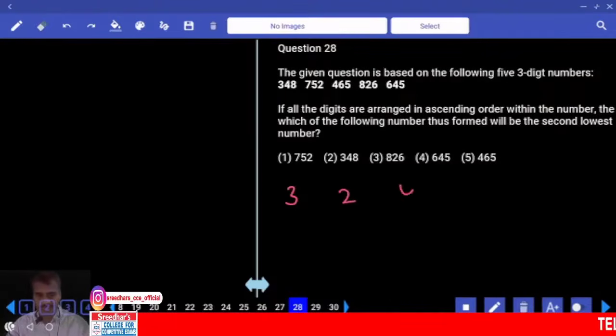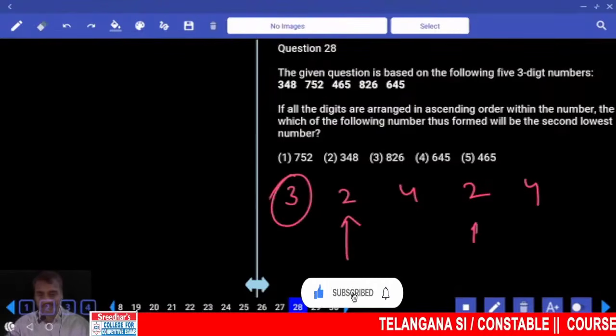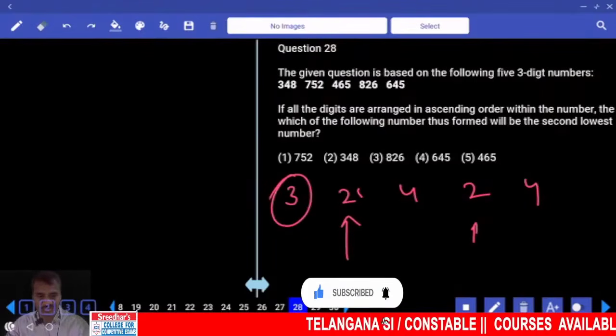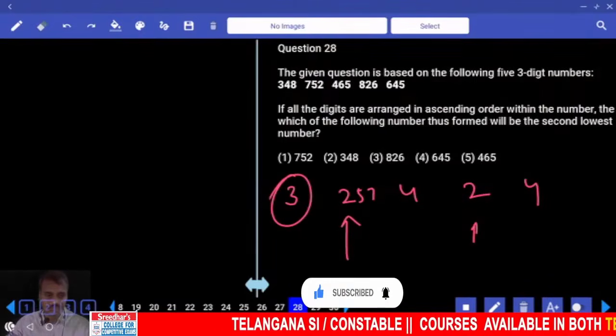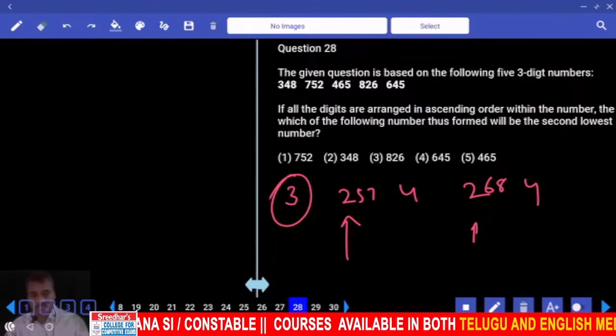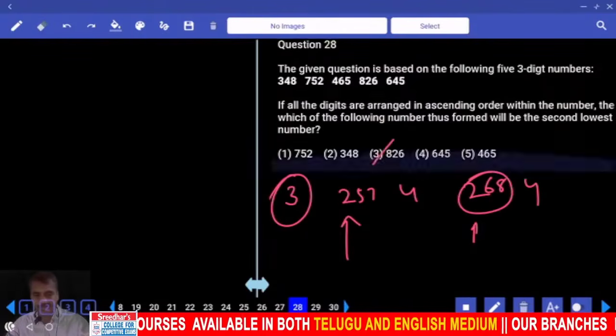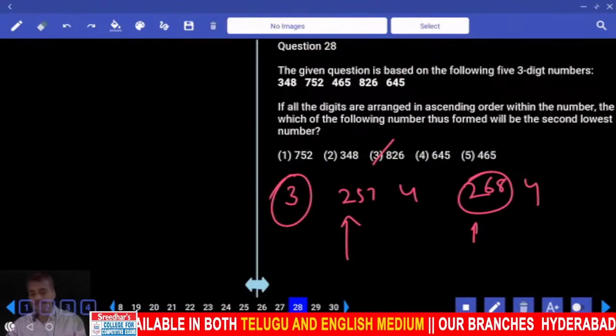Here 2, here 4, here 2, here 4. Then for the second lowest, 2 and 2. Now 257 is one, and in this one 268. Which is the second lowest? Second lowest is 268. We are getting 268 from the 826 choice.